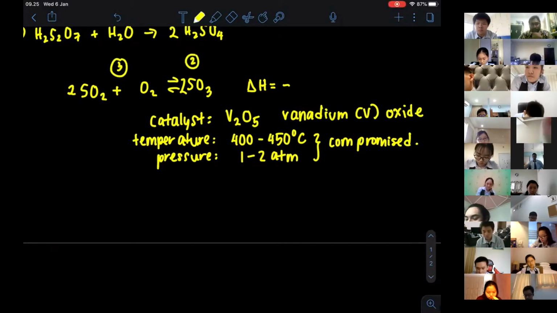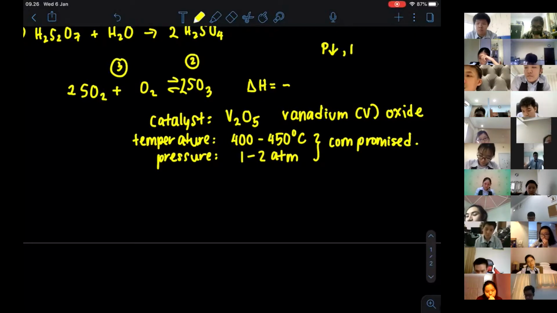So in order to produce a lot of SO3, should I use high pressure or low pressure? In this case, it's kind of low pressure. If I use low pressure, according to Le Chatelier's principle, it's going to increase the pressure, so it's going to go towards here.